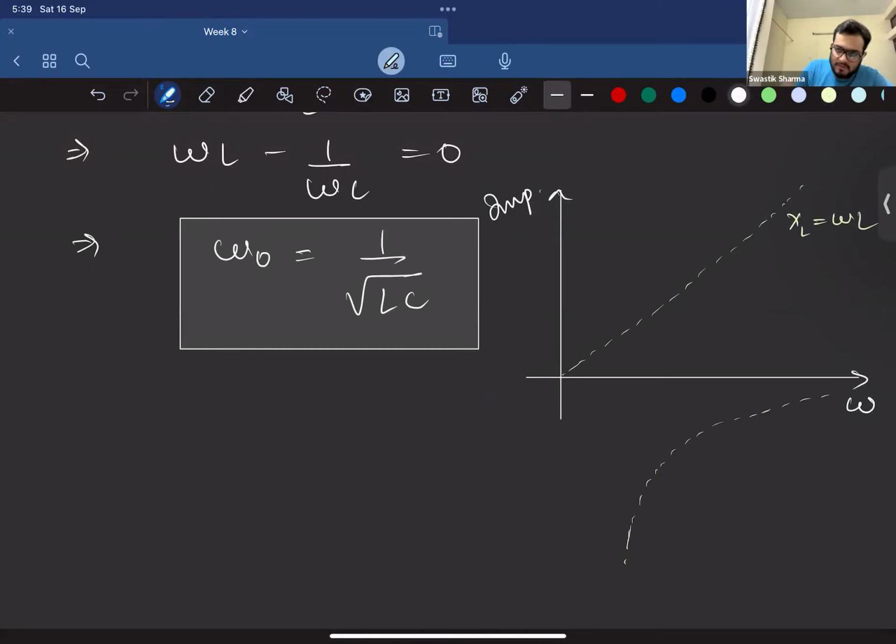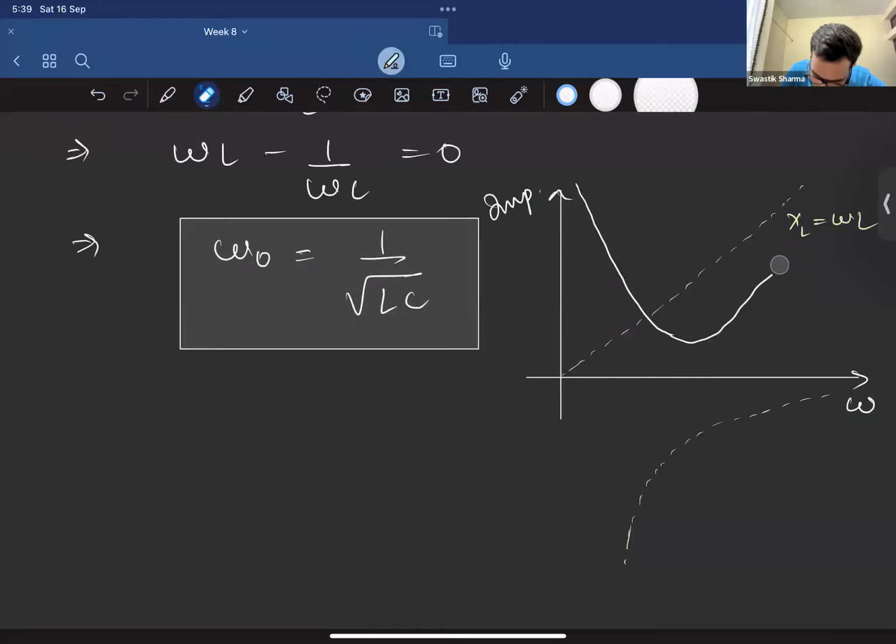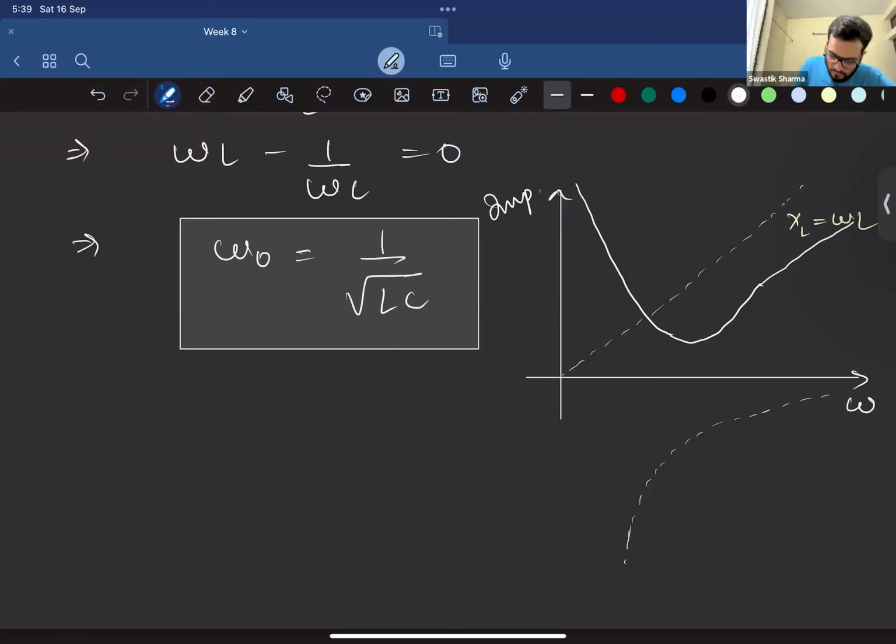So if you superimpose these two with the resistance as well, the waveform would look something like this. It would tend to become a bit linear because XC would tend to zero, right? That's how the curve will look.